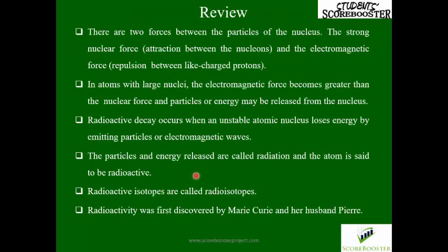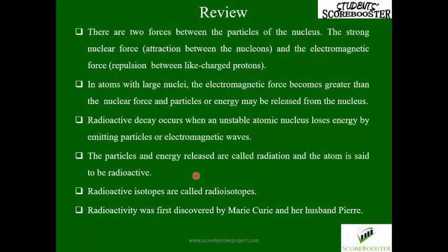So before we go, let us look at some of what we have talked about from the last lecture to this lecture. There are two forces between the particles of the nucleus: the strong nuclear force and the electromagnetic force. We have talked about that. In atoms with large nuclei, the electromagnetic force becomes greater than the nuclear force.